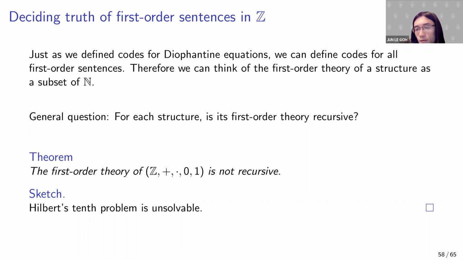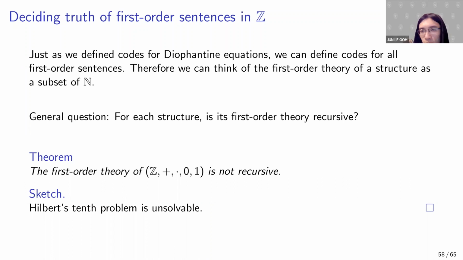We can translate this question into a first order sentence, and then we can ask the first order theory, well, is this sentence true? And if the first order theory says yes, then we know that there is a solution. Otherwise, we know that there's no solution. So that's going to allow us to solve Hilbert's 10th problem, which we know is unsolvable.